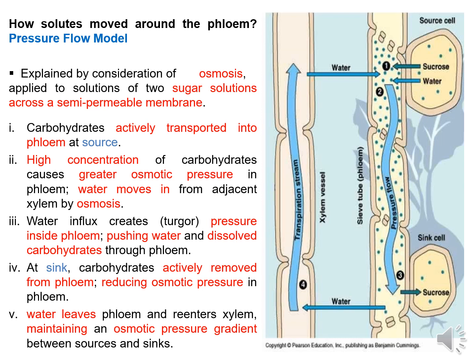Water is left in the phloem vessel. Because of this situation, the water will leave the phloem and re-enter the xylem. And finally, they will maintain an osmotic pressure gradient between the source and the sink.